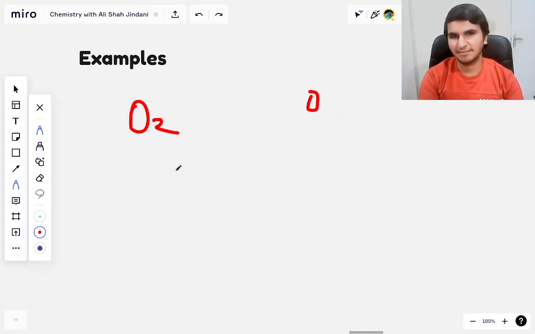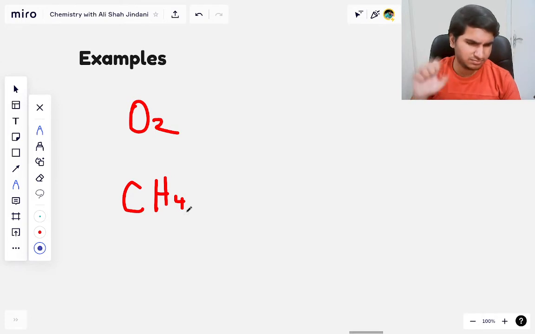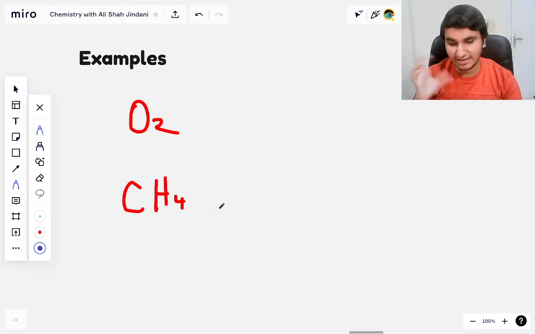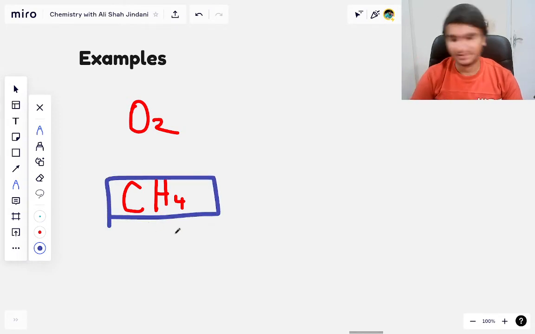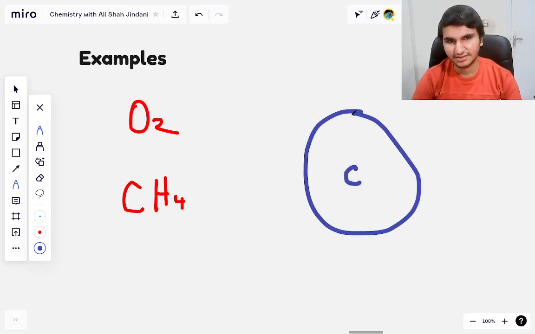Other examples of these covalent bonds: we have methane, which is the compound that is present in the natural gas that we use in our homes. This is again a molecular compound, and you can look at the structure like this. We have a carbon in the center, and we have 4 hydrogens around it, right?